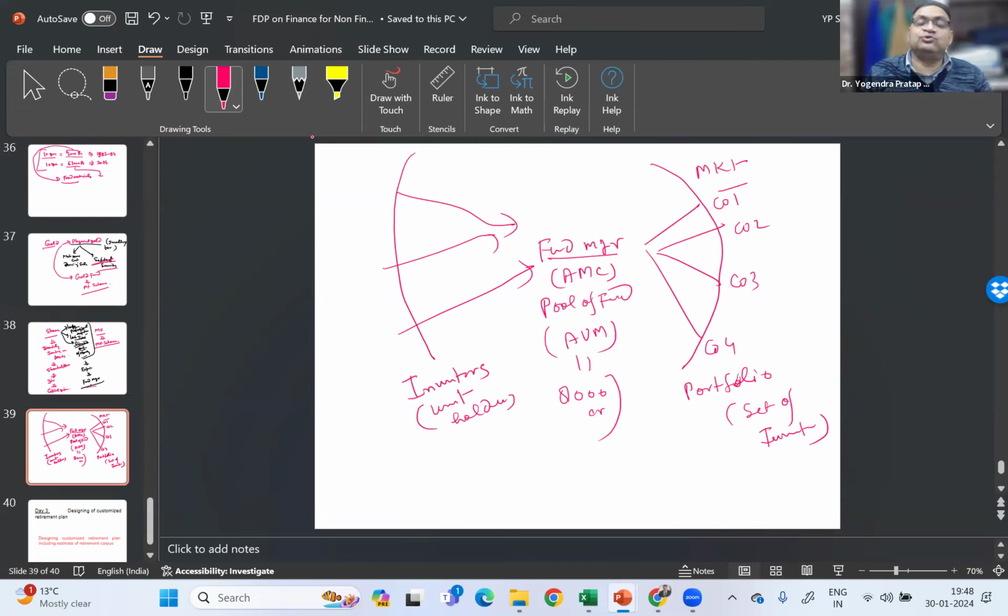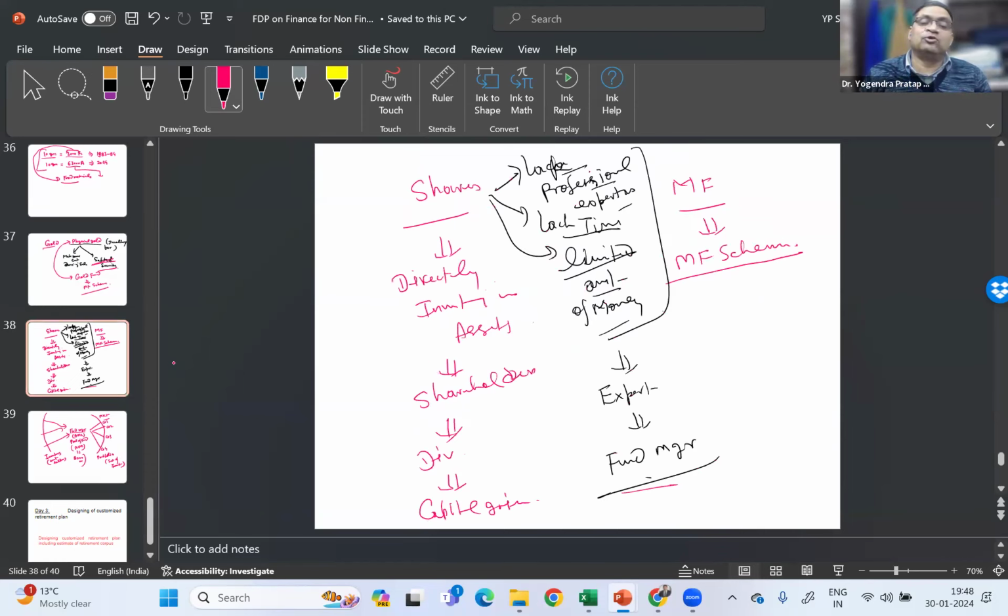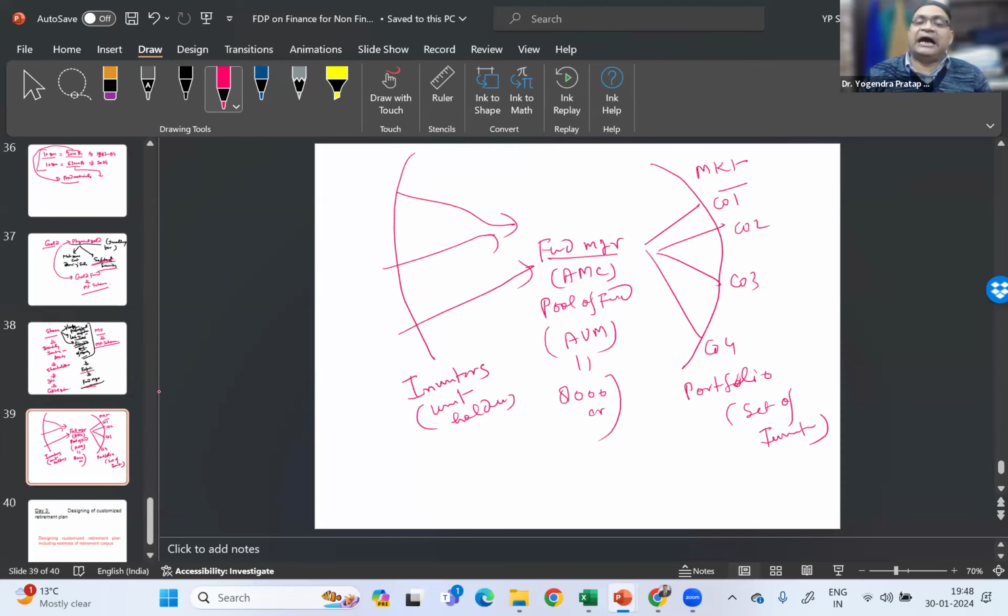Now there is no limitation for the fund manager on diversification; he can diversify as much as possible. So when you hand over your money to the expert, the fund manager, all the limitations of directly investing in shares are gone.